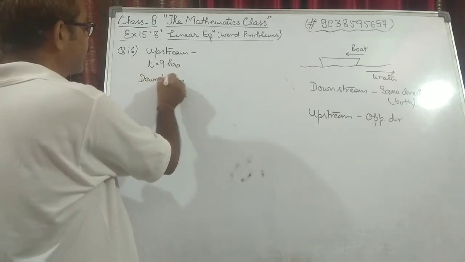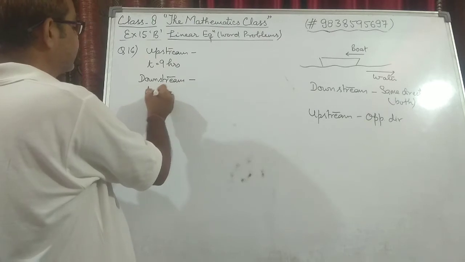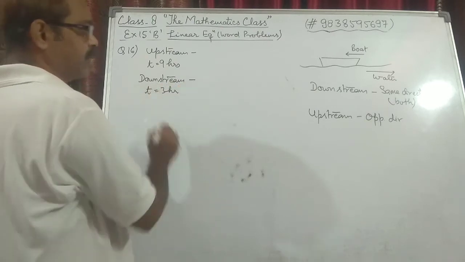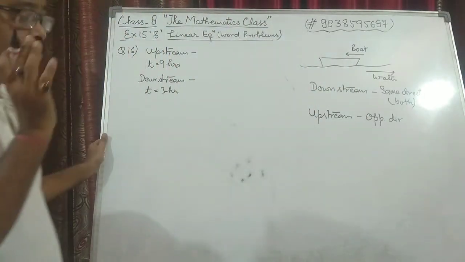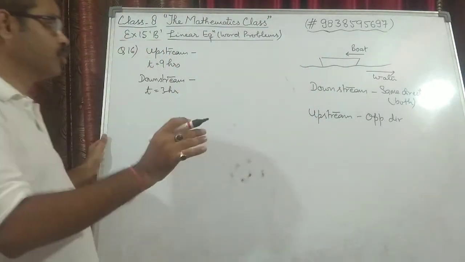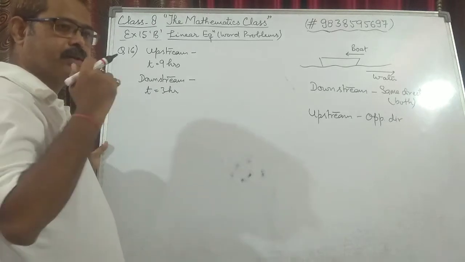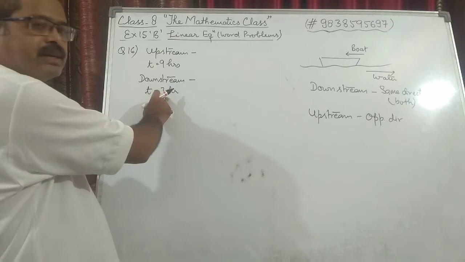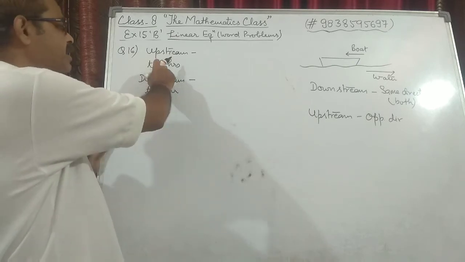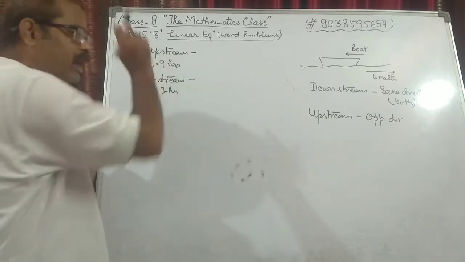Distance is same, and they say it takes 3 hours. It means that boat and water are moving in the same direction. So the water is helping the boat to gain more speed. That is why less time is being taken in this case, and here for the same distance more time is being taken.